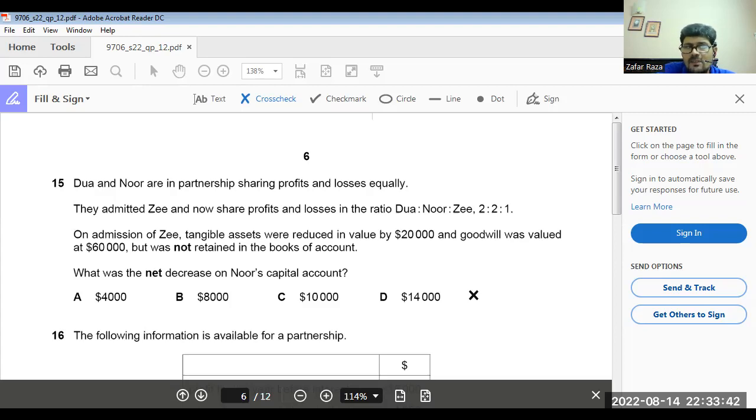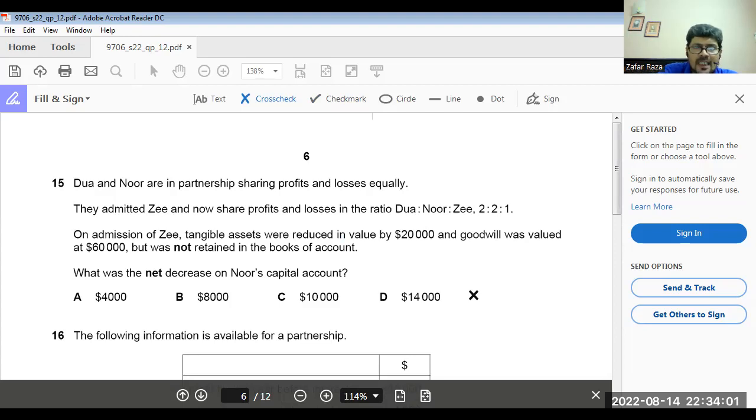So 30,000 she will share goodwill as a credit and 10,000 as a debit for decrease in the value of tangible assets. So now in her account, there is a credit of 20,000 for goodwill and 10,000 is reduced because of the decrease in the value of tangible assets.